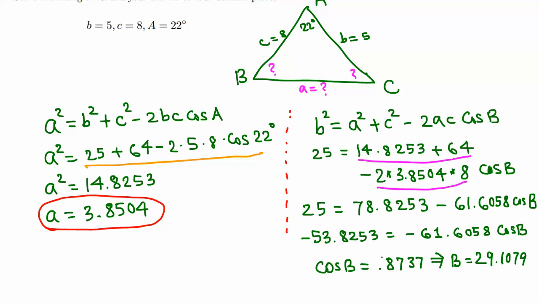Now take the cosine inverse of the right hand side, so B equals 29.1079 degrees. That's the B angle.